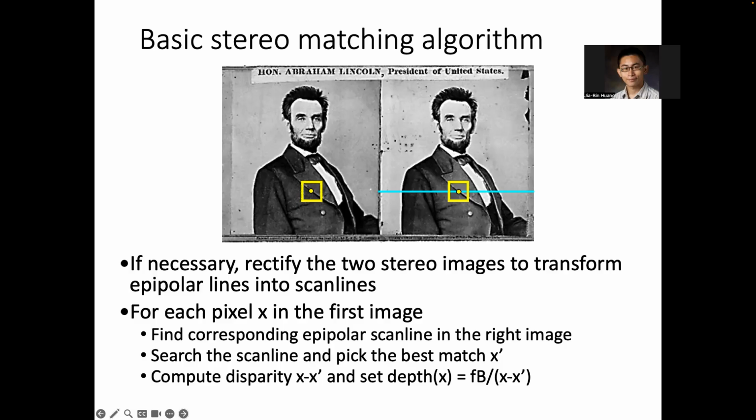Yes. Cross correlation, yeah. Cross correlation uses the image intensity directly, right? But I guess what you want to say is the normalized cross correlation.